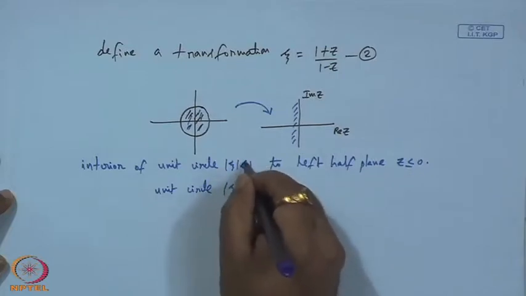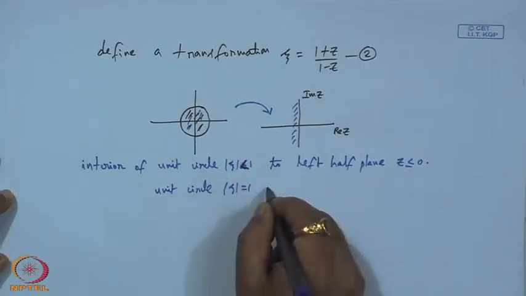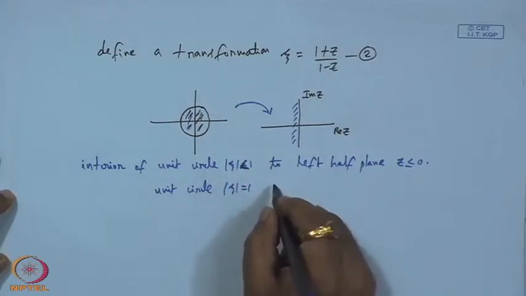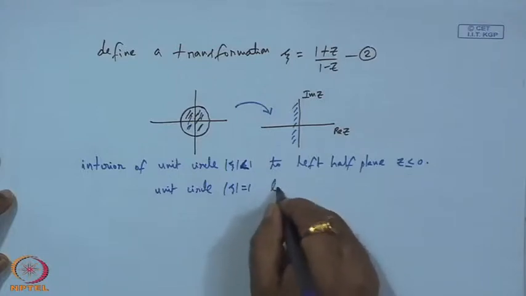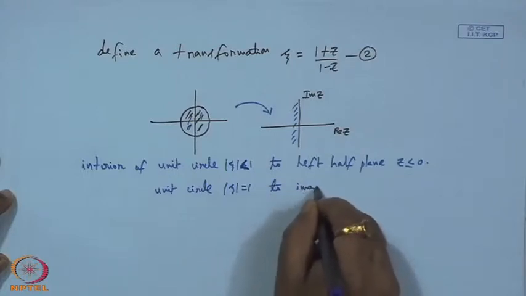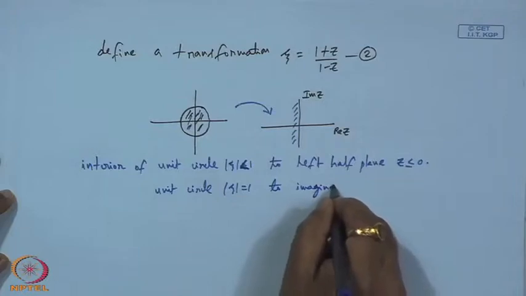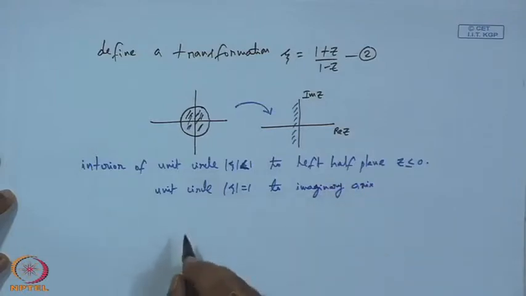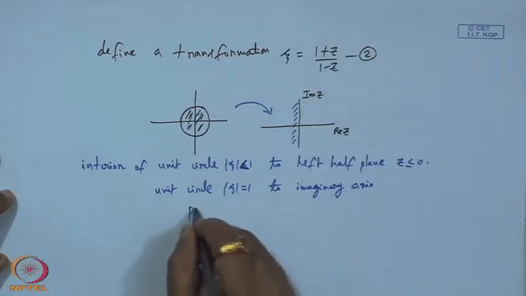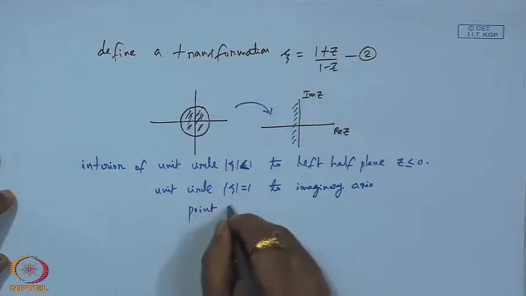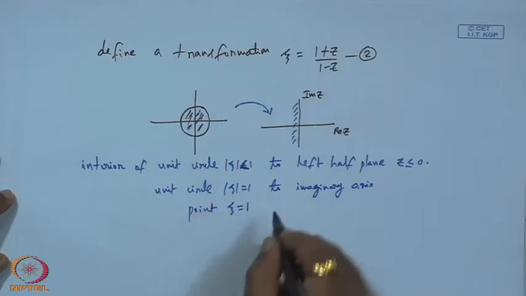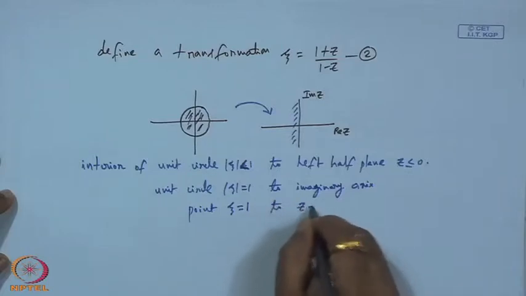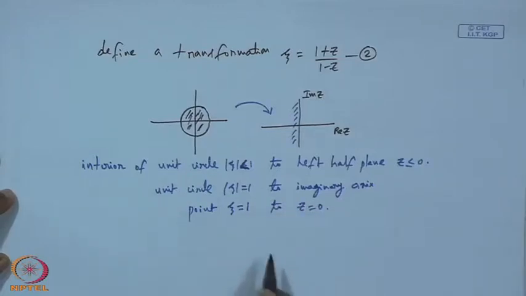I mean this is strict. The boundary, the unit circle, goes to the imaginary axis, and the point zeta equals 1 goes to z equals 0.